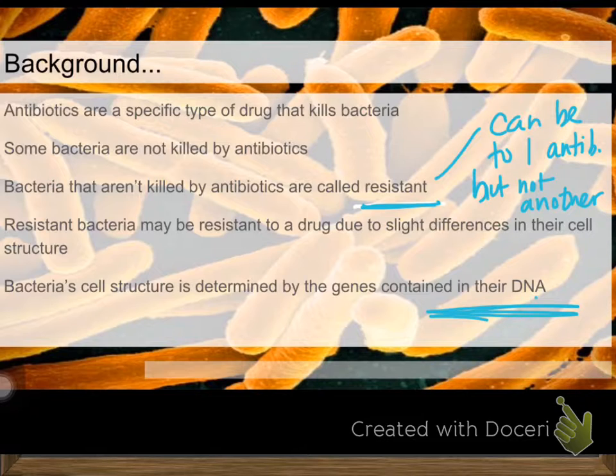Your genes, a bacteria's genes, a bluebird's genes, an earthworm's genes, a maple tree's genes. Any living thing's genes control how their body is built, how all their systems are built. And it is those differences in their physiology that come from their genes, that come from their DNA, that make some of them resistant.